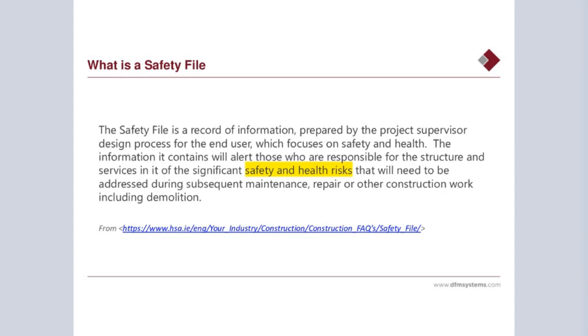To put this in perspective with regard to the IIRSM, I thought it would be useful to show the definition of a safety file as shown on the HSA website. And as you can see from the extract shown on this slide, a safety file contains information relevant to the health and safety risks associated with maintaining or repairing the building. And to do that, it must contain information on how the building was designed and constructed, together with information on all of the products and equipment installed within the building.